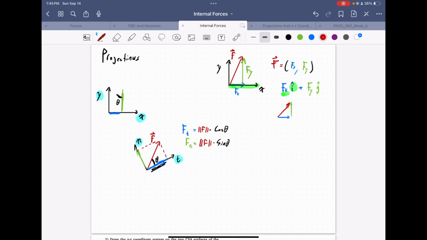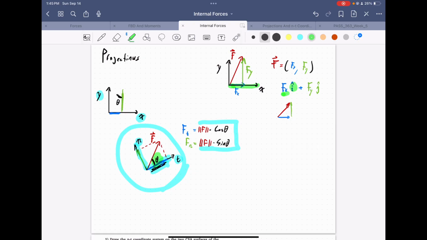Once we get to this step, we understand what to do. Hopefully you do. If not, you can review some trigonometry and your forces, but we should know how to use these equations to get this direction and this direction. The main issue is finding theta.